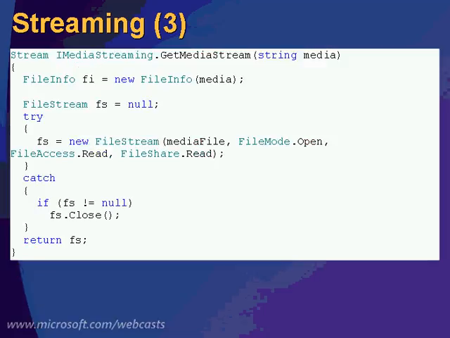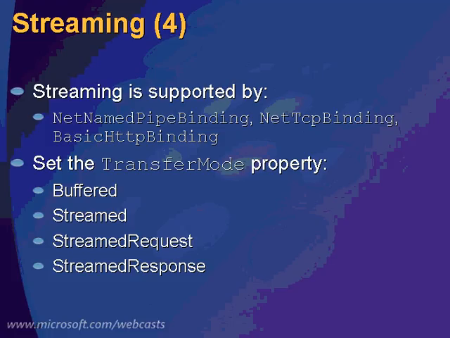Now what happens in the implementation of the operation is you open the file, you return the file, you do not close the file. WCF will handle that for you when the final read is complete. You only close the file if there's a problem. And this is in the case of the server returning a stream. Of course, the opposite is true if the client is sending a stream.